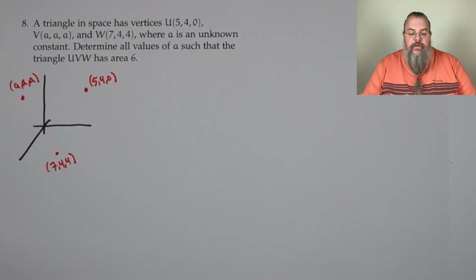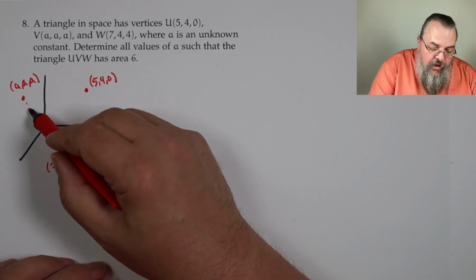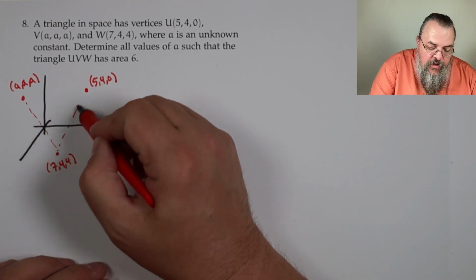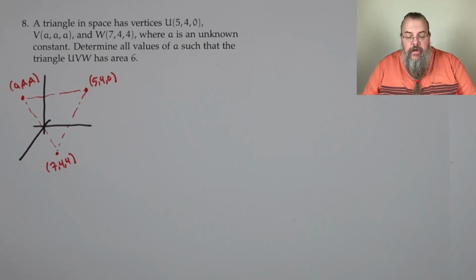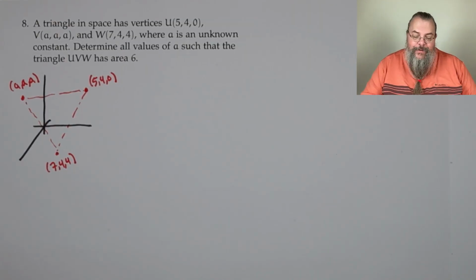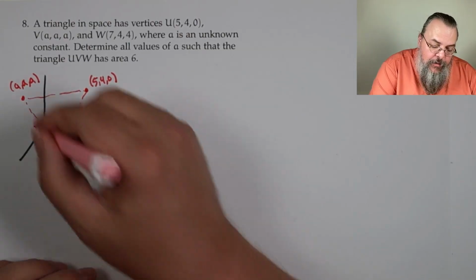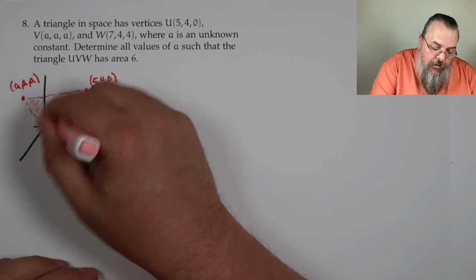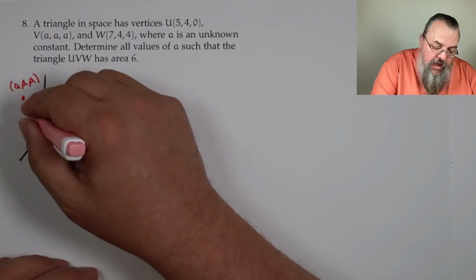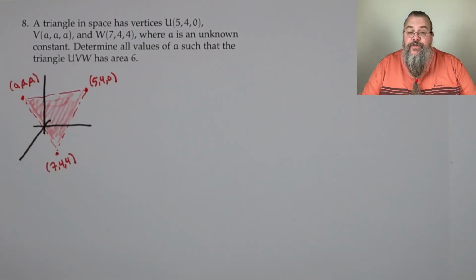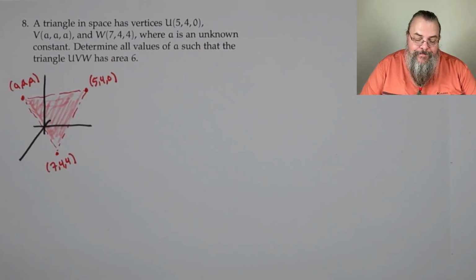All right, so those are our 3 points, and there's this triangle in space. Okay, and what do we want? Well, we want to pick our value for A, and maybe there's more than one. It says determine all of them. Maybe there's infinitely many, who knows? But we want to pick A so that the area of this triangle is 6.